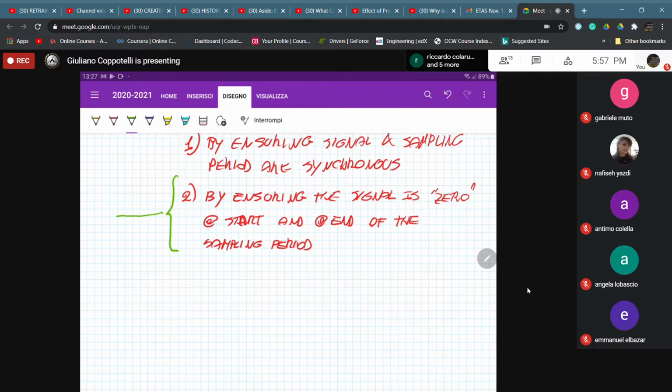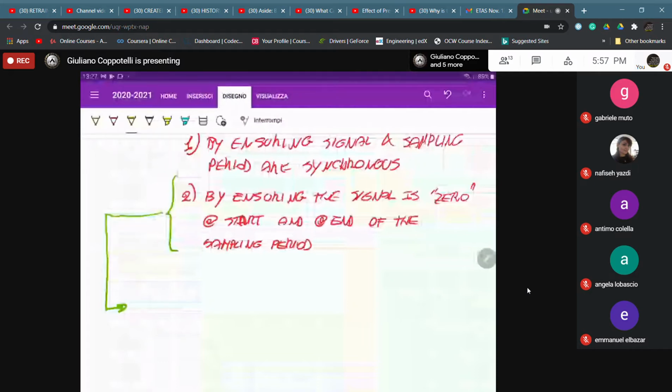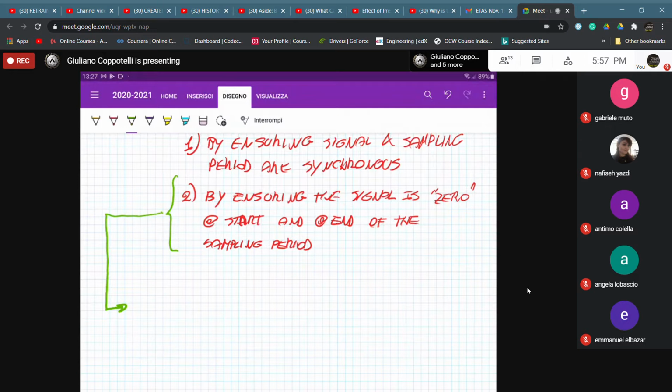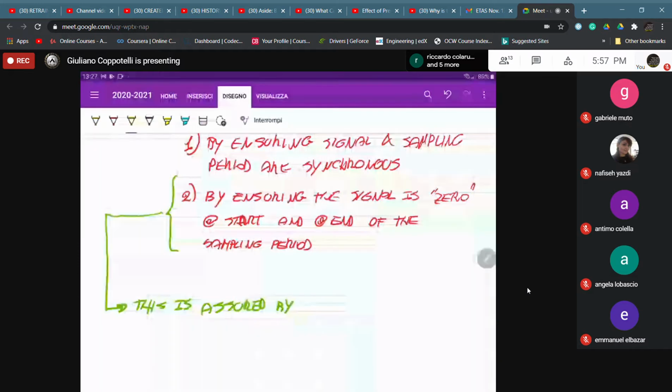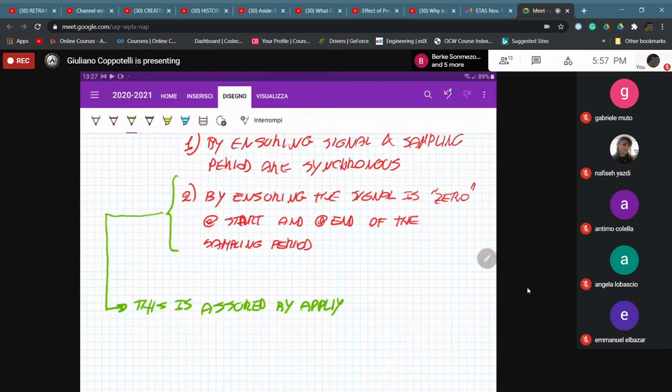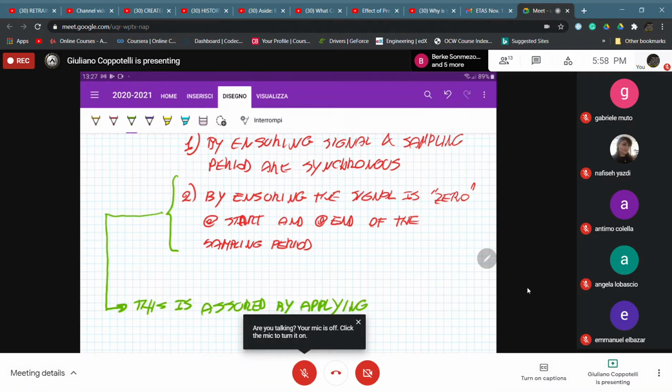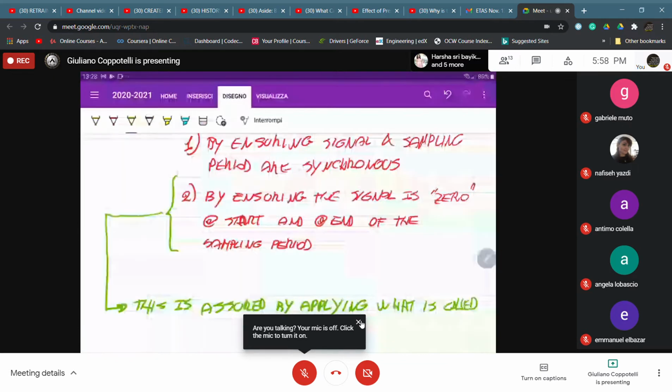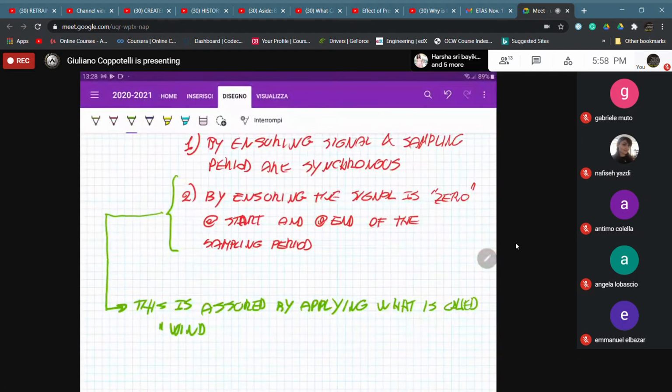Okay, how can we do that? So this second approach, that is by ensuring that the signal is zero at both ends of your sampling time, is assured by applying to your signal what is called a windowing function.